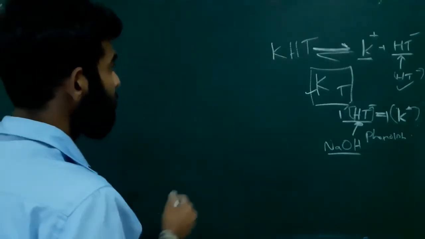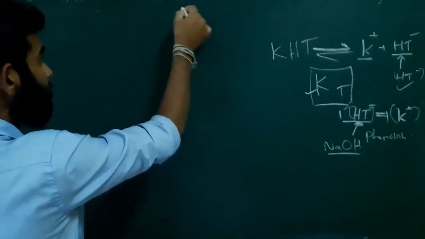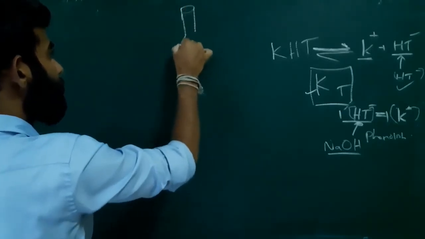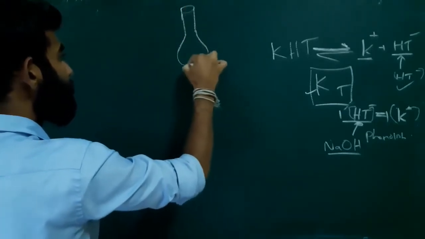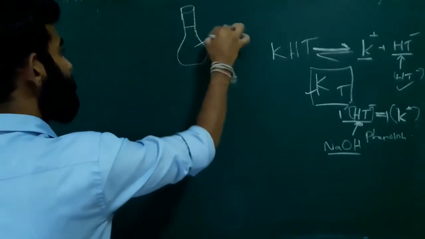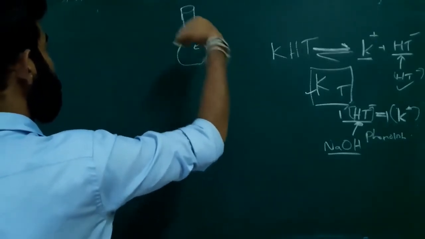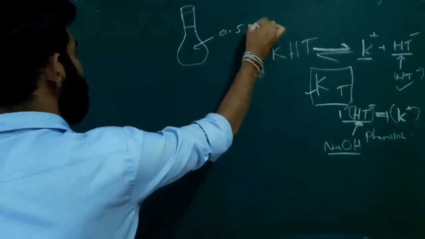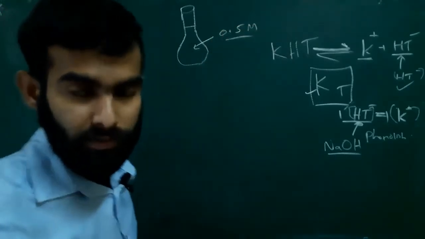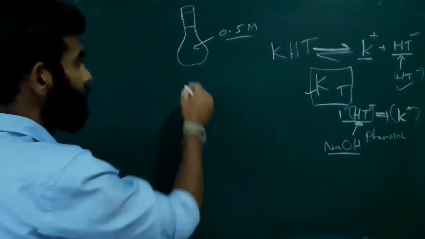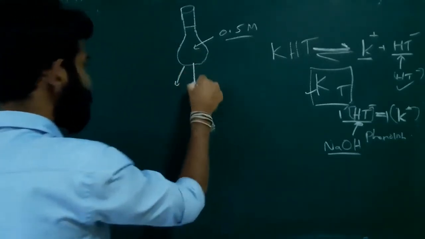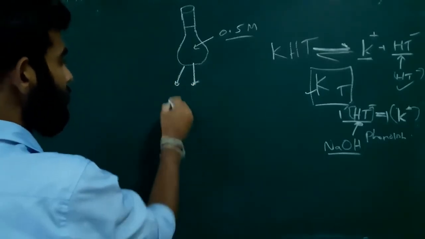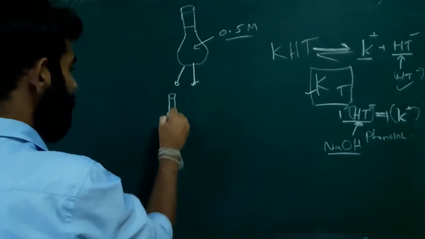How? First of all, we have provided sodium sulfate solution. Its concentration is 0.5 M, a 0.5 M stock solution we have provided. By using that, we have to dilute and prepare 100 ml solutions.